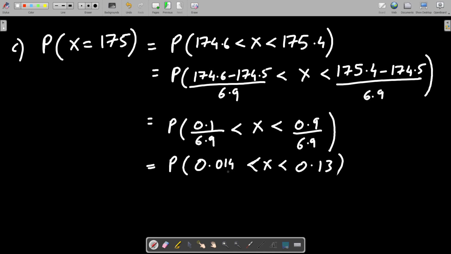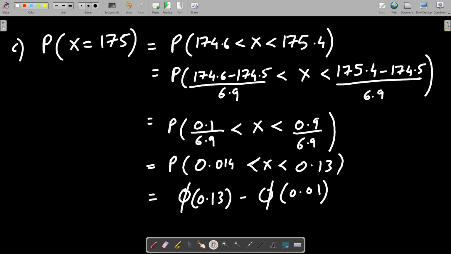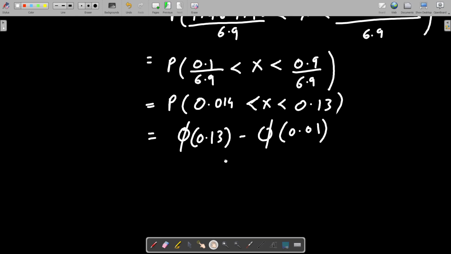Right, so since we are rounding up, then this will be only 0.1. So this will be phi of 0.14 minus phi of 0.